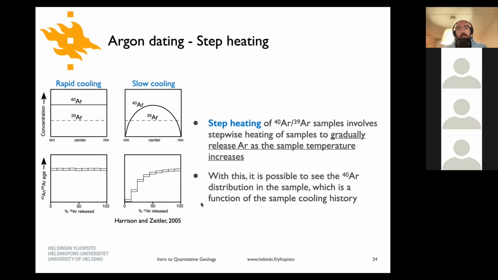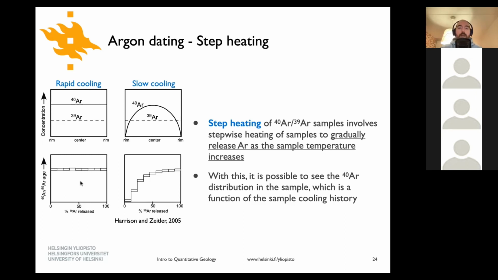The reason for this is that if a mineral containing potassium 40 has cooled very quickly, the concentration of argon 40 in that mineral will be pretty much constant across the width of the crystal.